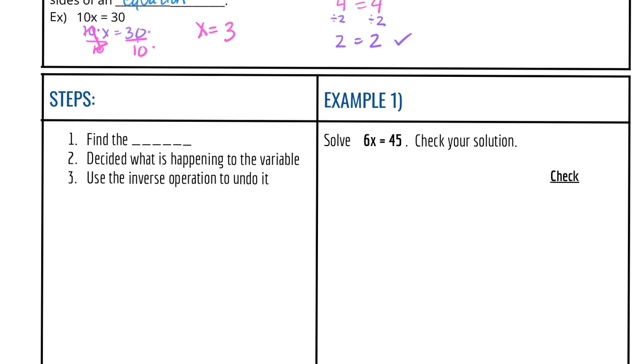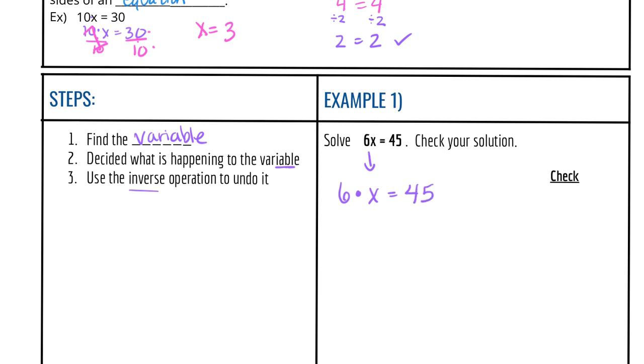All right, so our steps. The first thing that we're going to do is see where the variable is and decide what operation is happening to the variable, and then we're going to use the inverse. So this here means 6 times x equals 45. What does that mean?